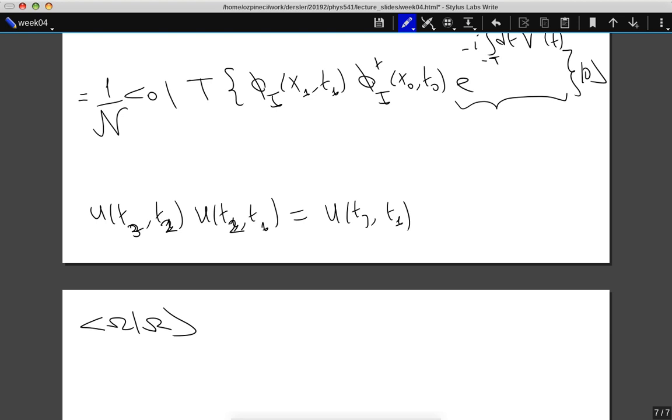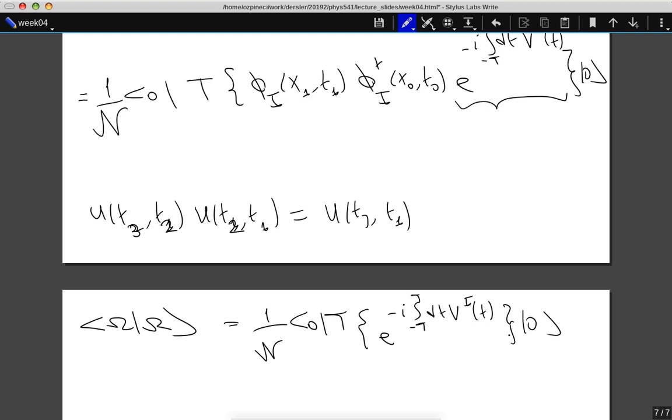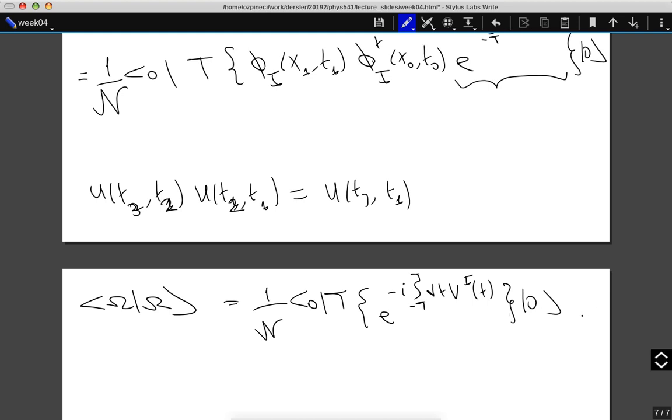There are no operators; the phi's are just identity operators, if you like. Well, then this would be just 1 over N, the time-ordered product of e to the power minus i, integral from minus T to T dt V_I of t. But for the ground state, you can choose any normalization you like. The convention is to usually use 1 as the norm of the ground state. So we know what N is.